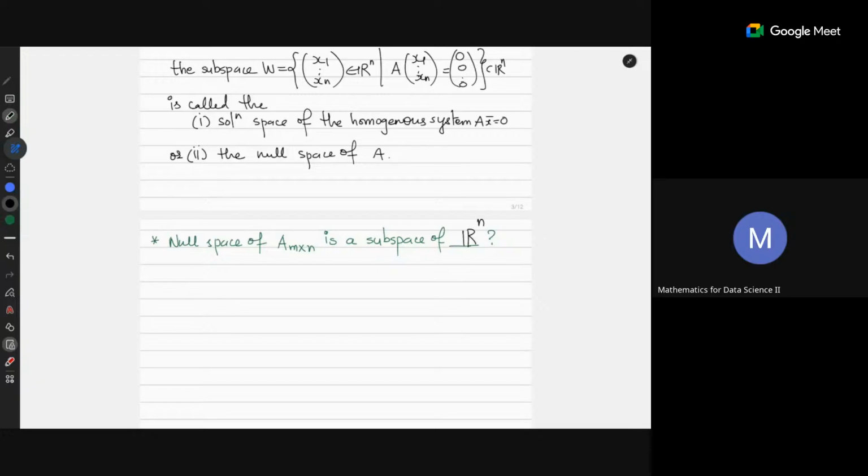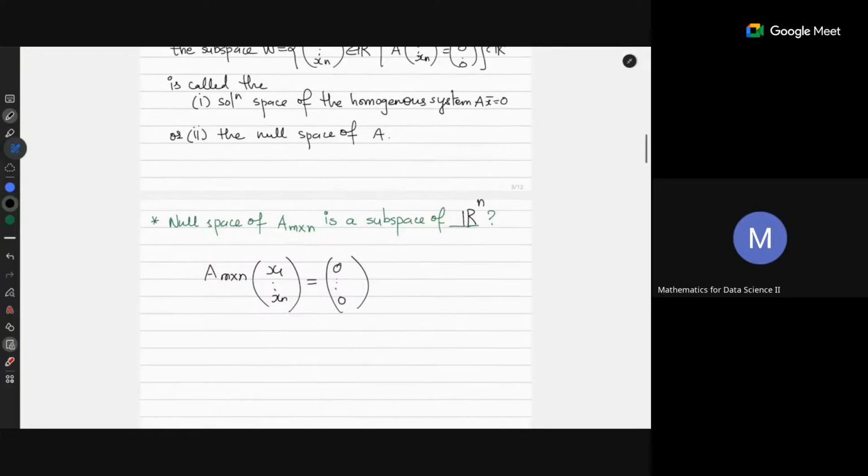Why? Because whenever you have a matrix A, you can define a homogeneous system of linear equations like this.